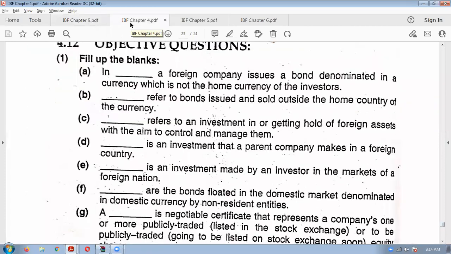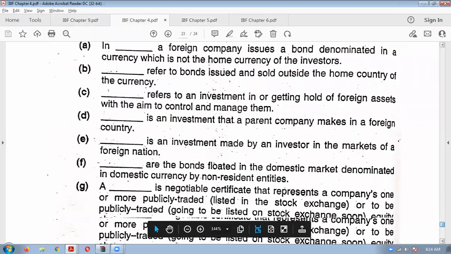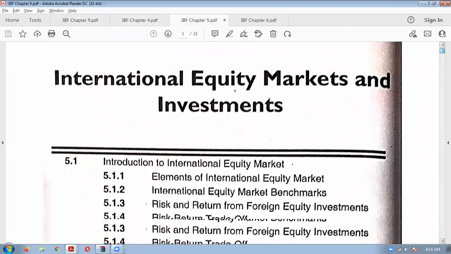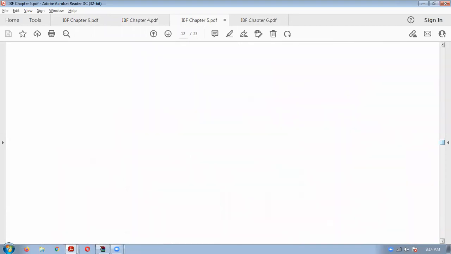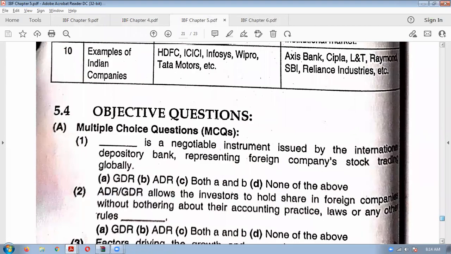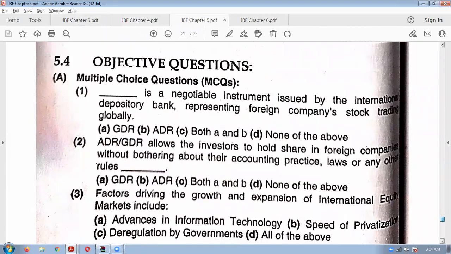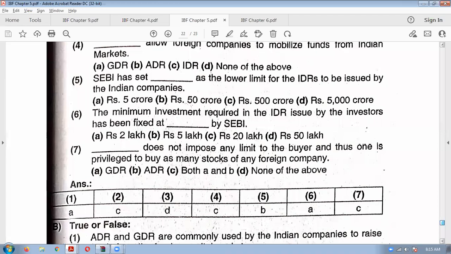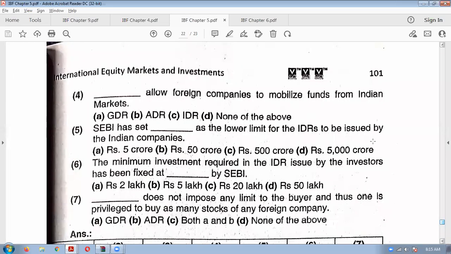Risk management. Okay. So any confusion till now?